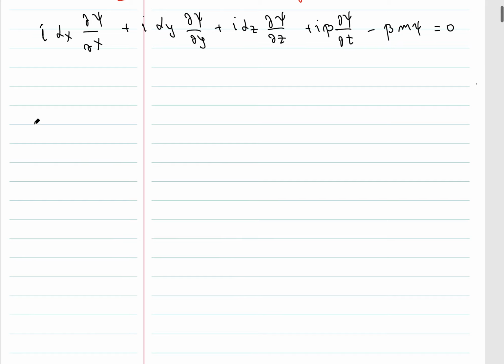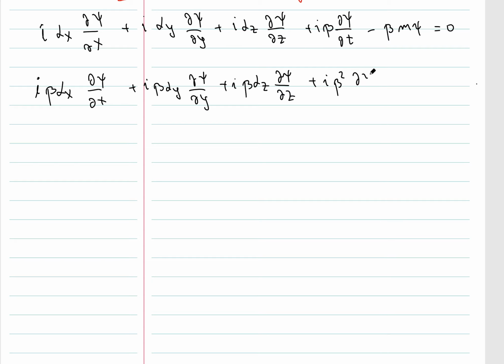So we can write i beta alpha x partial of psi partial of x plus i beta alpha y partial of psi partial of y plus i beta alpha z partial of psi partial of z plus i beta squared partial of psi partial of t minus, oh sorry, here we don't have a beta, so here would be only beta squared m c equal to 0.